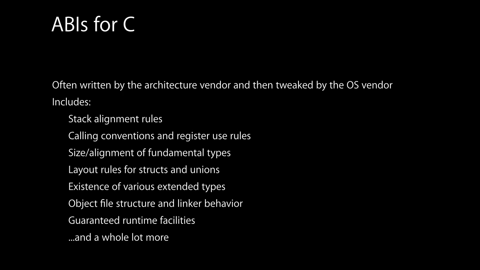That's things like the stack alignment rules, a lot of basic things like the object file structure, et cetera. And then a lot of things that are just general system level rules, like what types and so on are actually being provided. But a lot of the core of that is really just tweaked by the architecture's platform specific ABI.